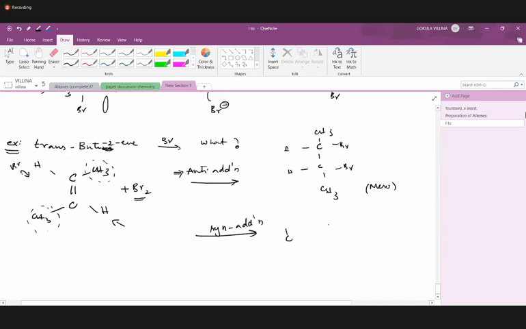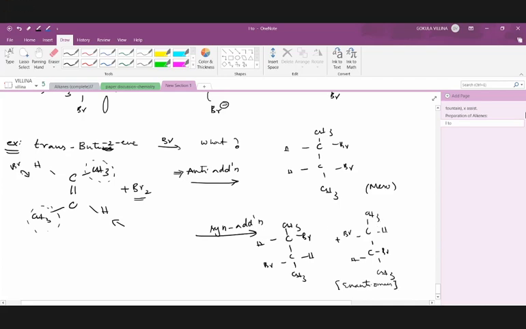So when we have syn addition, both the bromines will be attacking on the same side. So there are two possibilities: carbon, carbon, CH3, H, Br, H and Br, or else Br, H, Br, H and CH3. So we end up with enantiomers.